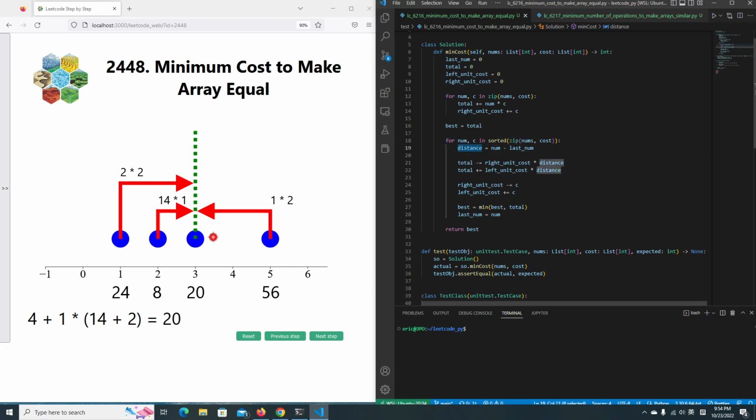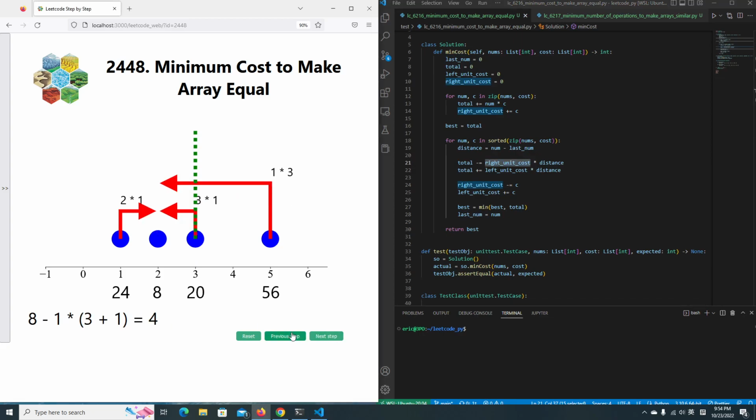So in the for loop, firstly, we'll calculate the distance. If we look at here, this is the distance from 2 to 3. This is the distance: the current number subtract the last number. After that, we will subtract this part, right? This is just the right cost multiplied by the distance.